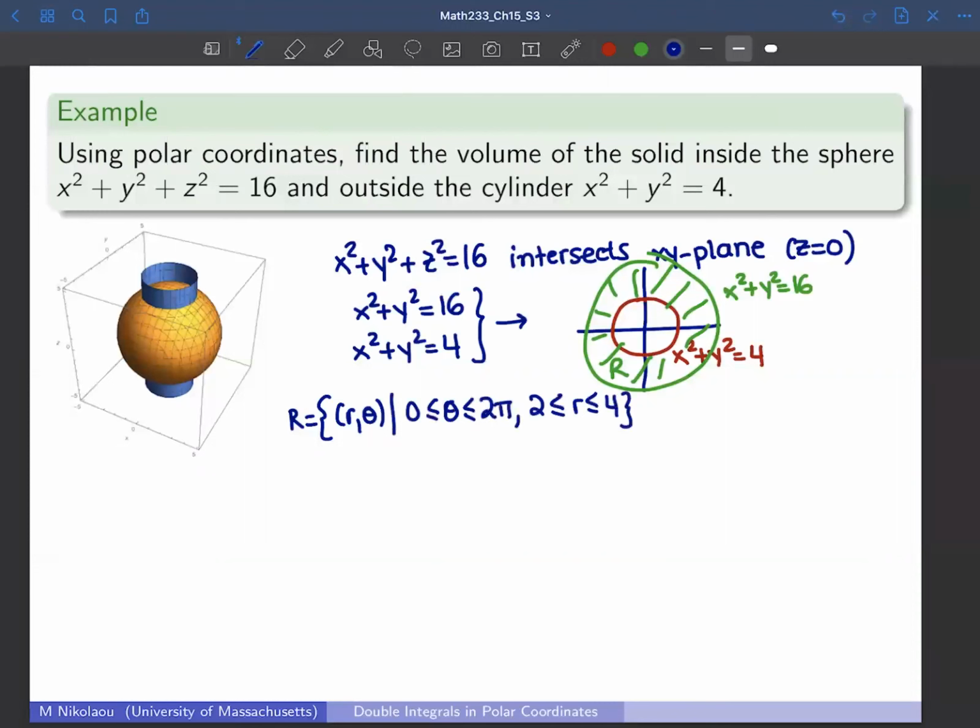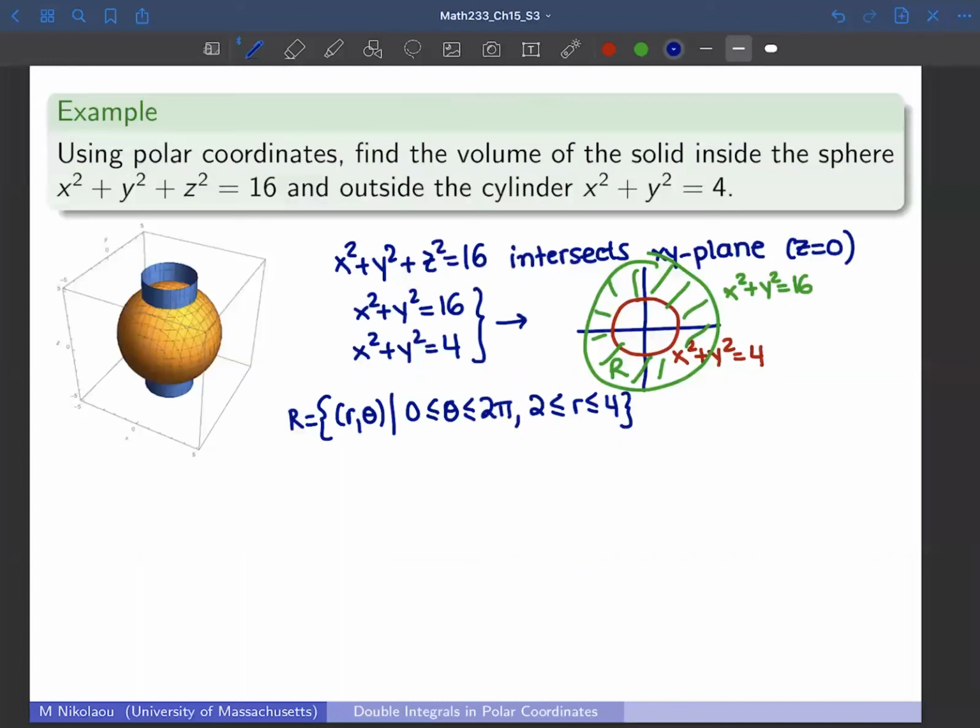One more thing that we need to consider is that in order to evaluate the volume, we will take the part of the volume that lies above the xy plane, and then we'll double that volume in order to account for the whole volume that lies both above and below the xy plane. Since we take the volume above the xy plane, z would be positive or 0.